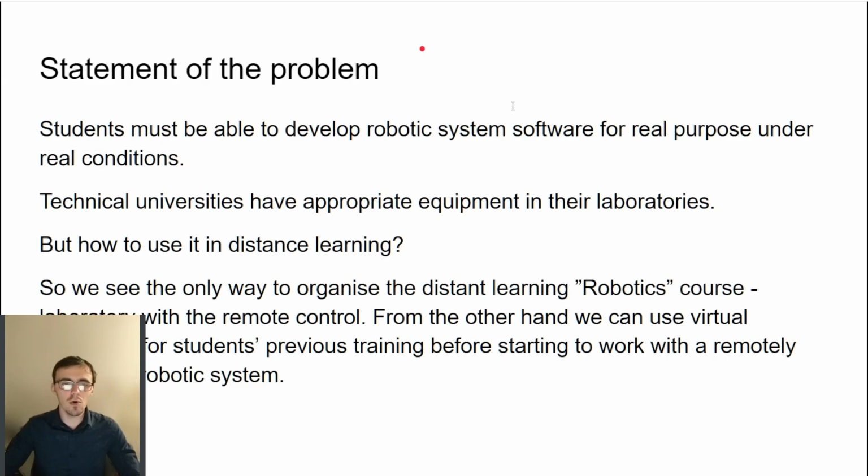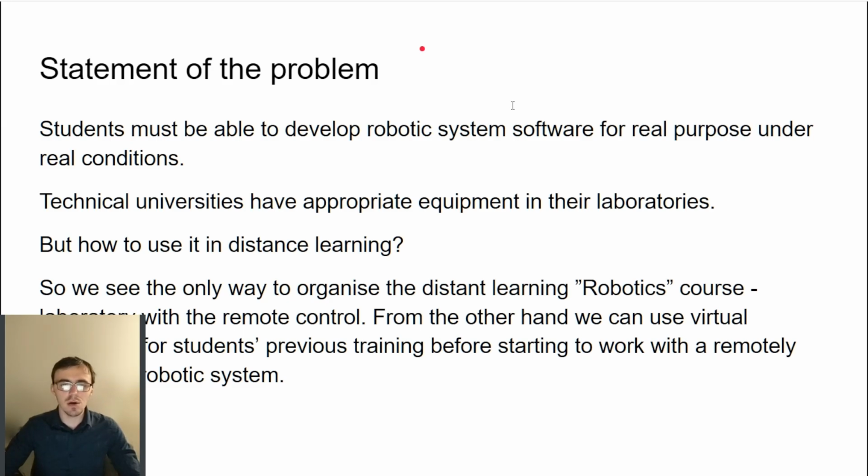We need to form a worldview and understanding of the main principles of robotics in high school and in teacher training educational institutions. We need to explain to students the main idea of using sensors and feedback to control a robot or robotic system and give a wide overview of using a robotic system.